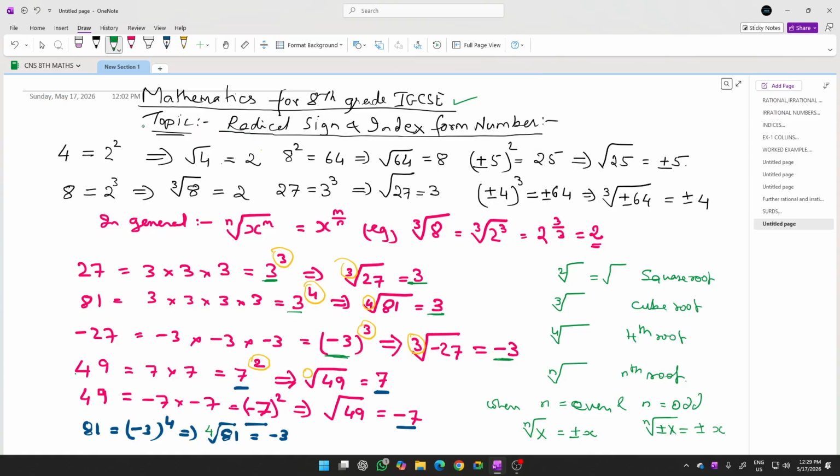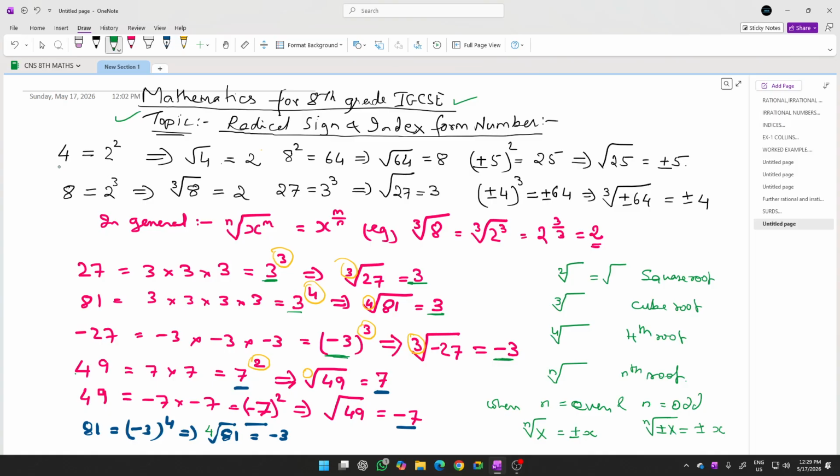Let me tell you certain things about this small topic, because this is something very confusing, and once it is clear, students are not going to make any mistakes lifelong. So let me clear this concept.